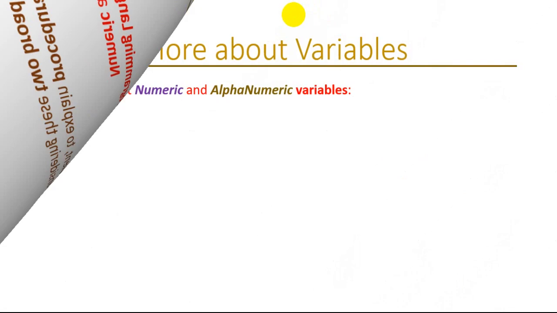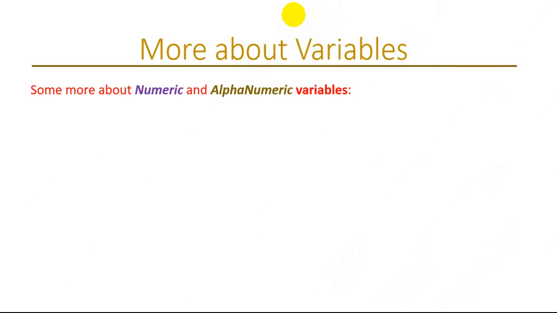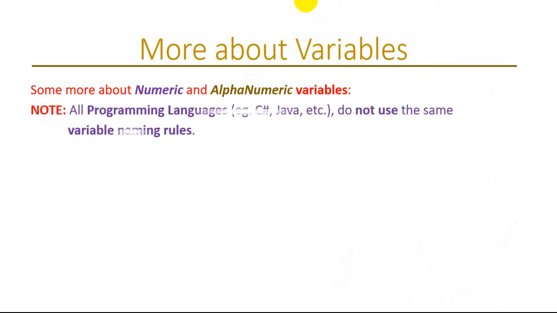Okay. So we will go and see some more about these variables. First thing we will see is that all programming languages, such as C Sharp, Java, Python, or whatever you will come across, do not use the same variable naming rules. Again, these naming rules for variables are relevant to that particular language. The language will tell you exactly how variables can be named in that language.